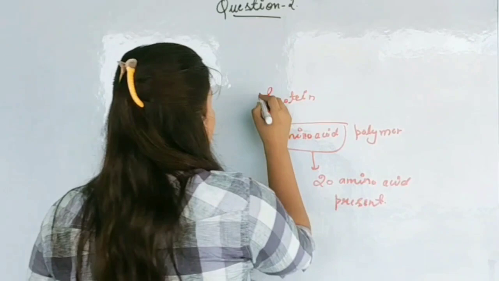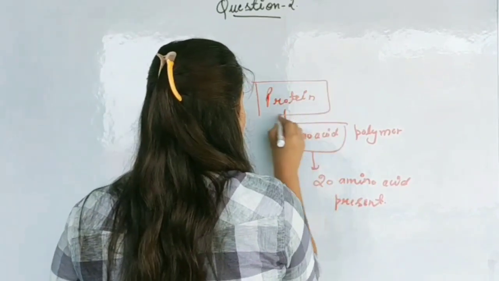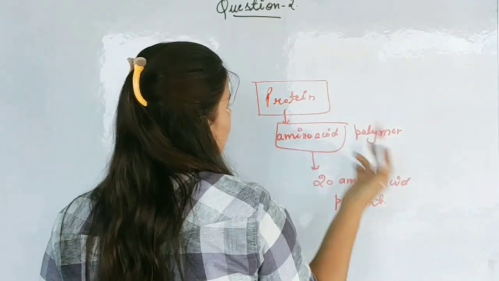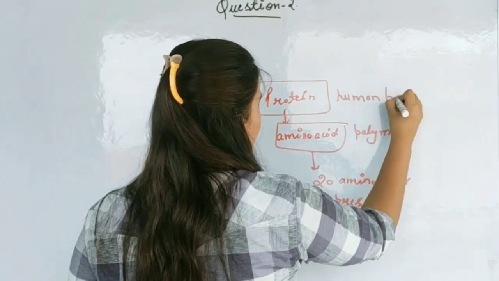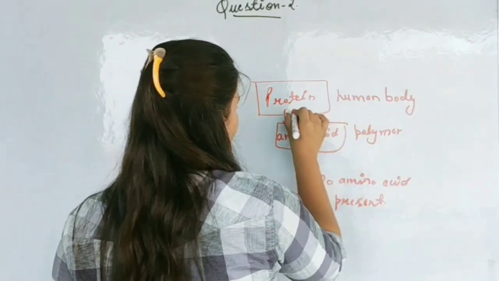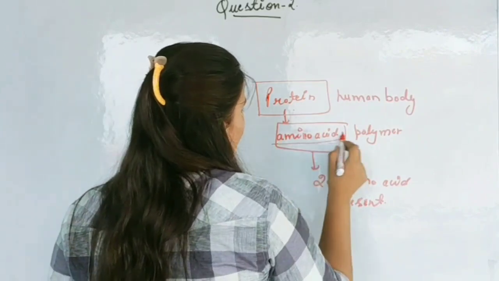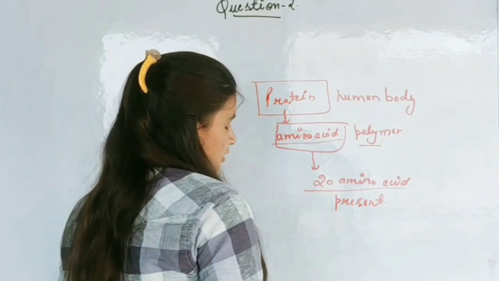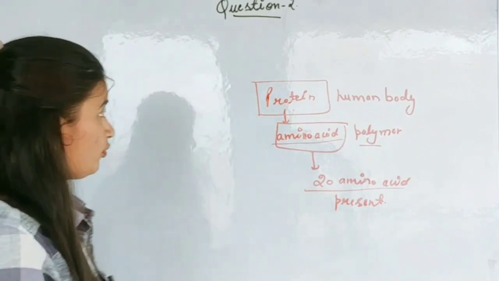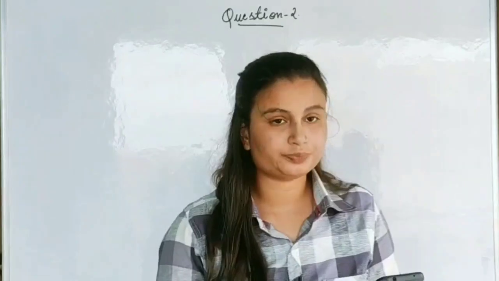So the most abundant macromolecule in the human body is protein, and protein is made up of amino acid polymer, and there are 20 amino acids present in the human body. Now move to next question.